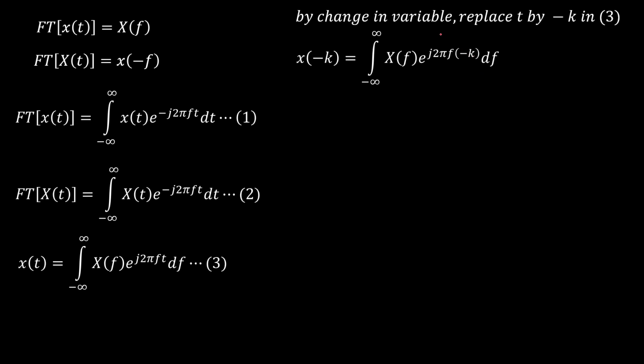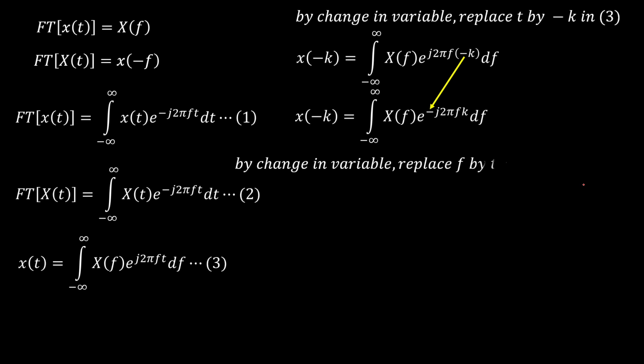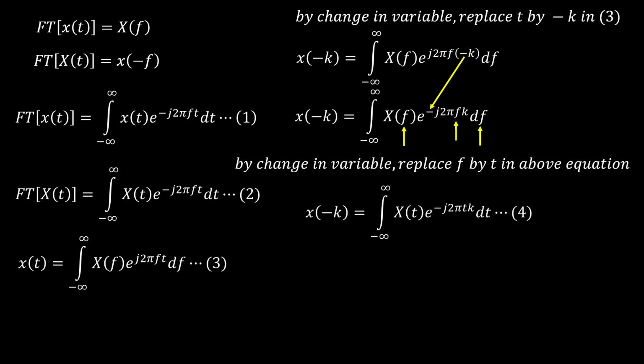Now we will bring this negative sign in front of j. So this will be the new expression. Now we will replace f by t in this expression. So these three f's are replaced by t. So this will be the modified expression.